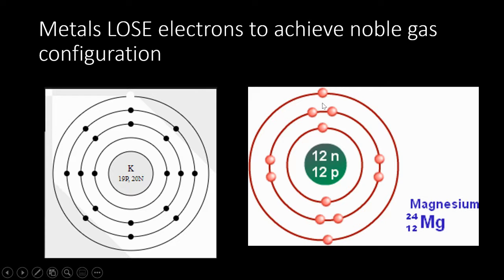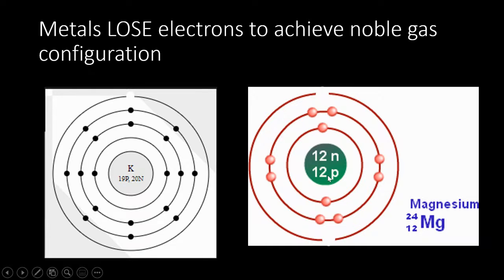Magnesium is also a metal, same situation, 12 electrons here. By losing those two outermost, it now has the valence electrons of a noble gas. Those 2 electrons were highly shielded by the electrons underneath from the nucleus anyway, so it wasn't that big a loss for magnesium.